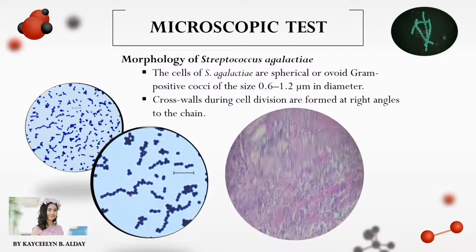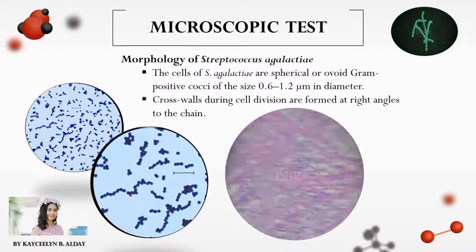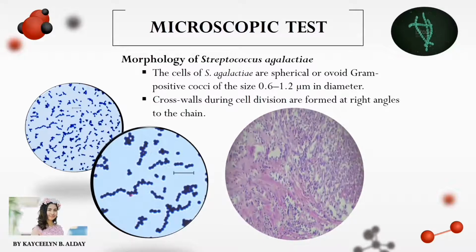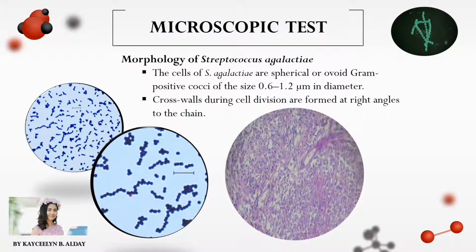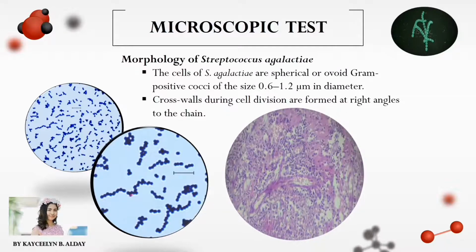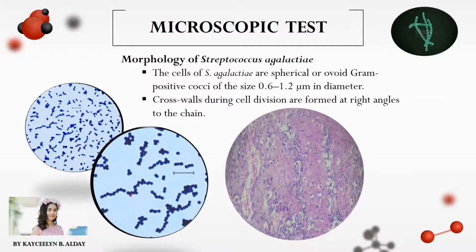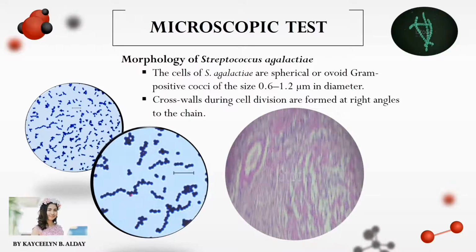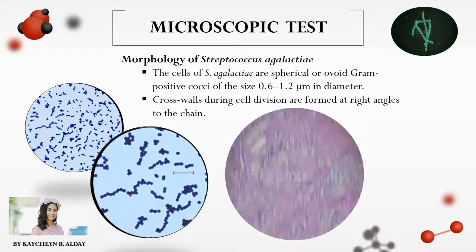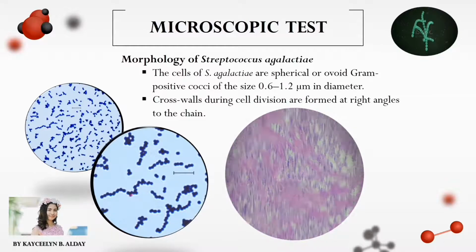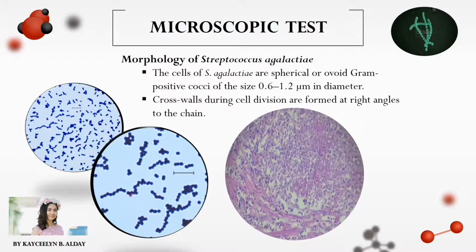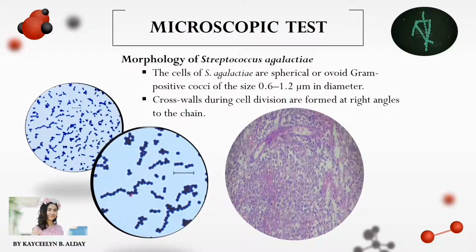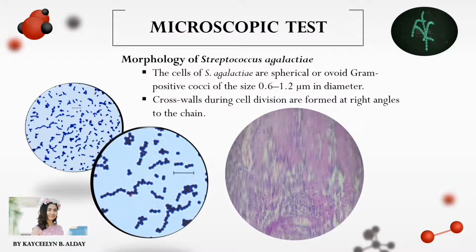Morphology of Streptococcus agalactiae. The cells of Streptococcus agalactiae are spherical or ovate gram-positive cocci of the size 0.6 to 1.2 micrometers in diameter. Cross walls during cell division are formed at right angles to the chain. Next, the organism is surrounded by a bacterial capsule composed of polysaccharide or exopolysaccharide.